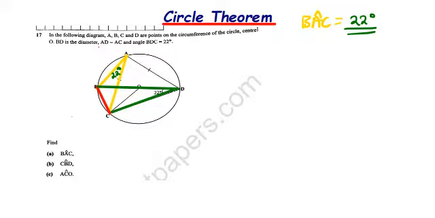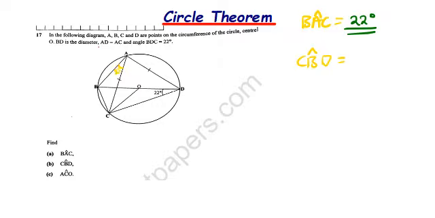That is our answer. For part B, we are finding CBD. Coming back to our diagram, we have already discovered that here it is 22.